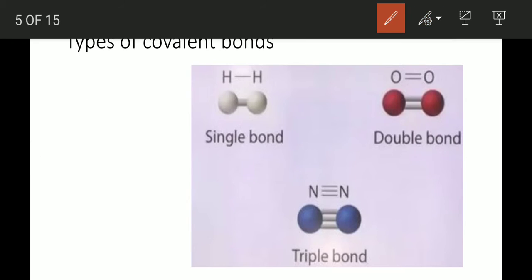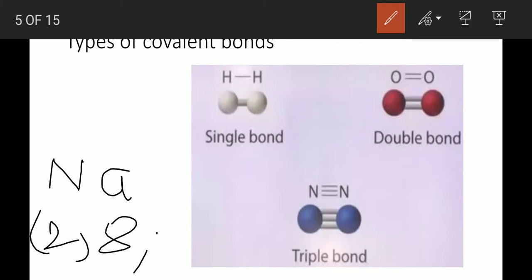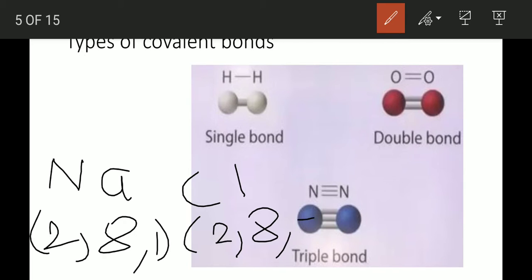Suppose you take Na, its electronic configuration is 2,8,1, and another one is chlorine, its electronic configuration is 2,8,7. Here Na likes to transfer, donate its electron, but chlorine likes to accept electrons.